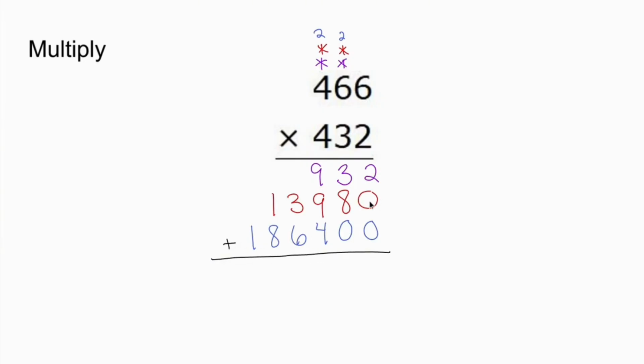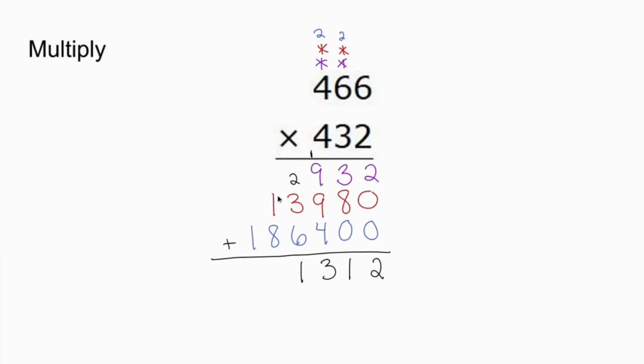2 plus 0 is 2. 2 plus 0 is 2, so you get 2. 3 plus 8 is 11. 11 plus 0 is 11, so write out your 1 and carry over a 1. 1 plus 9 is 10. 10 plus 9 is 19. 19 plus 4 is 23. Write out a 3, carry over a 2. 2 plus 3 is 5. 5 plus 6 is 11.